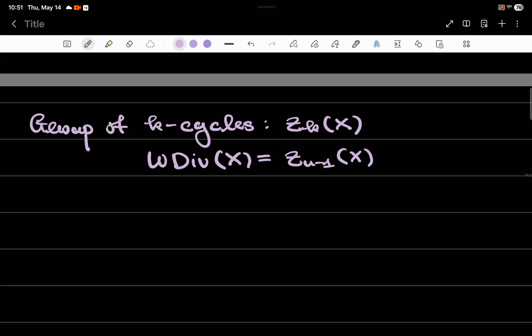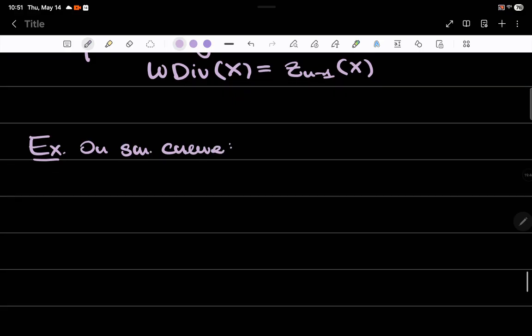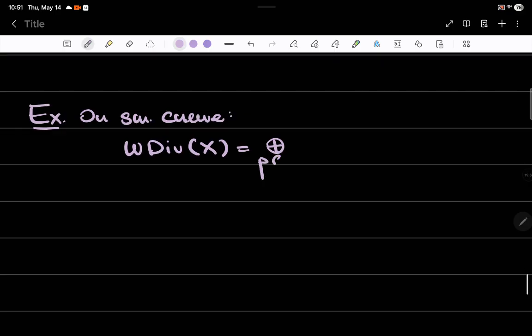Okay, so as we saw on a curve, for example, on a smooth curve, the Weil divisors are equal to the direct sum over the points in C of Z·P.